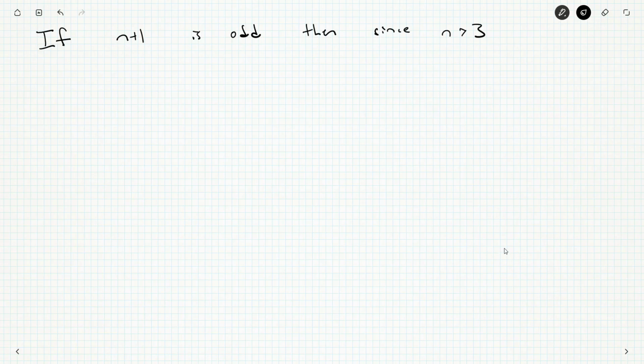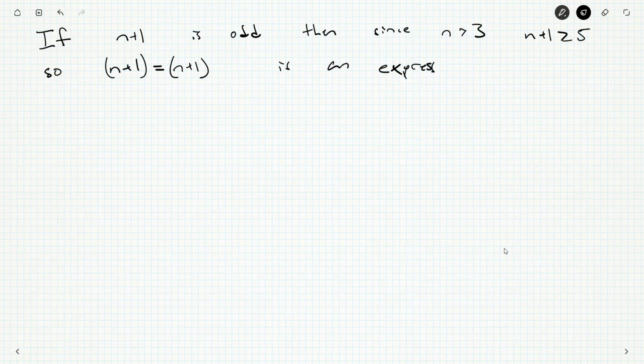Then since n is greater than 3, n plus 1 is greater than, well, it's greater than or equal to 5. So n plus 1 equals n plus 1. I'd probably write it like this so they're not confused with a plus 1 here. Is an expression with no 1s.